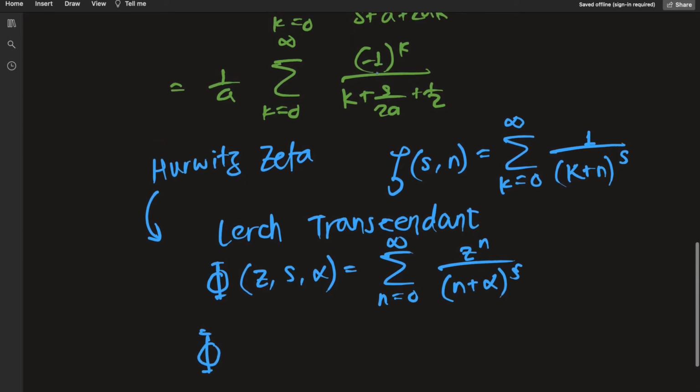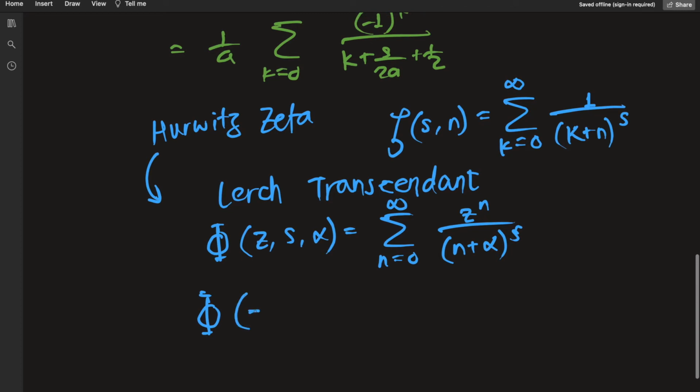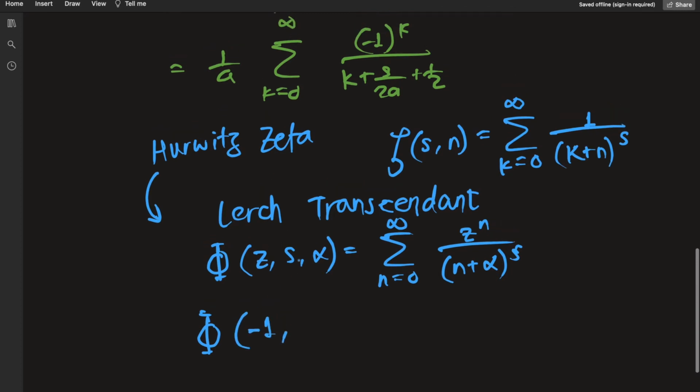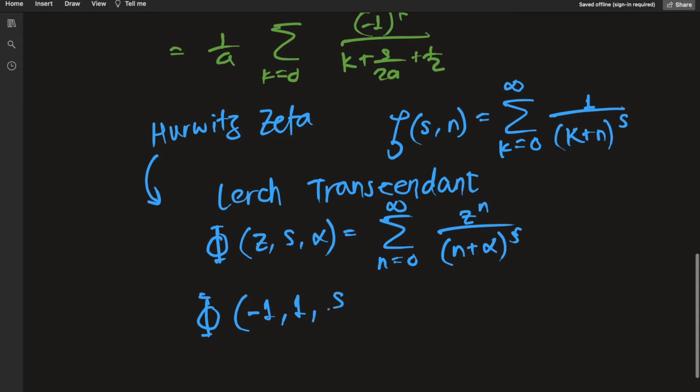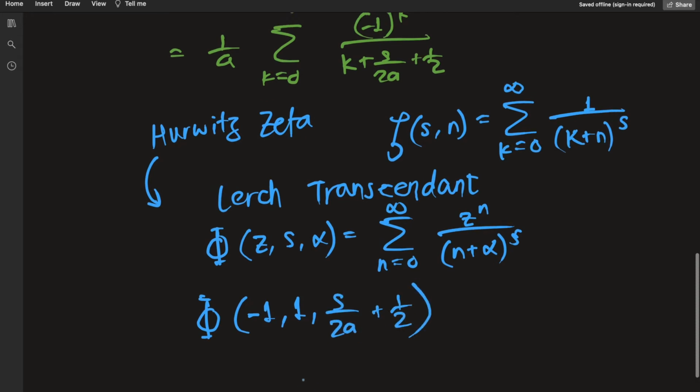Notice that in our case z, the thing on top, is -1, s, which is the power, is 1, alpha, which is the thing apart from the summing index, is s over 2a plus 1/2.